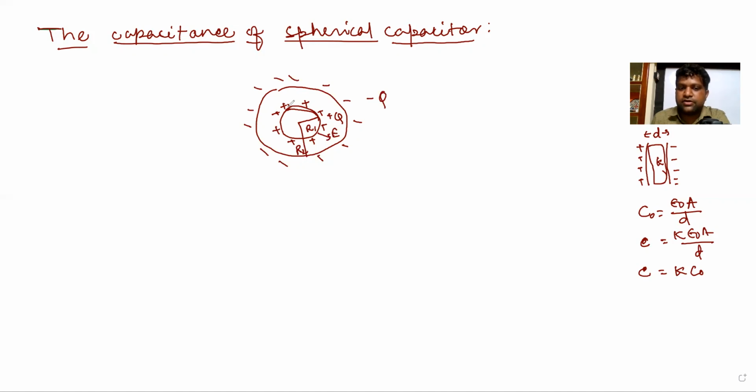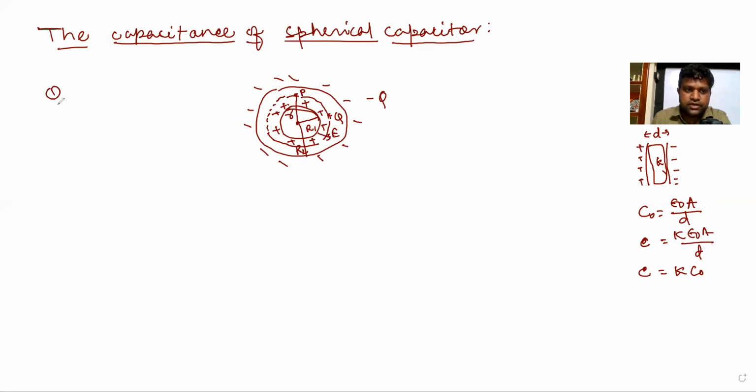Now let's consider a hypothetical Gaussian sphere at a distance r from the center, and let's say this is point P. According to Gauss law, the flux is the charge enclosed by the surface divided by epsilon naught.